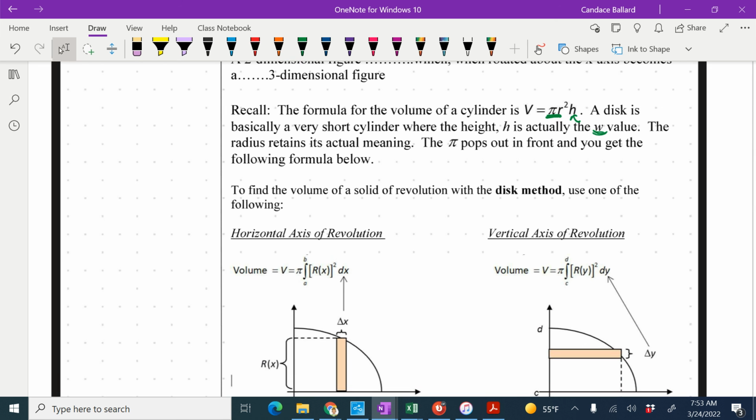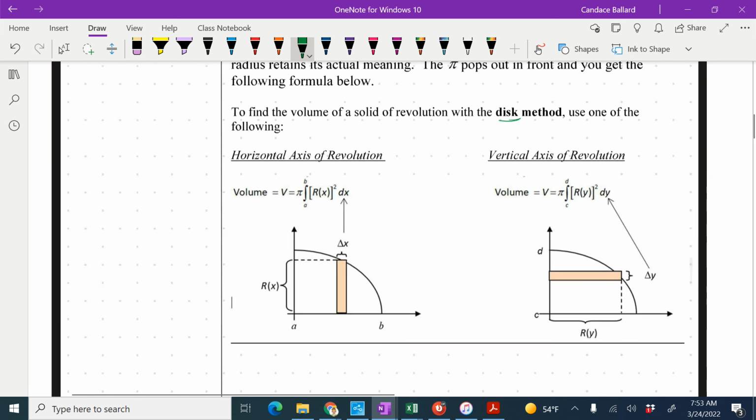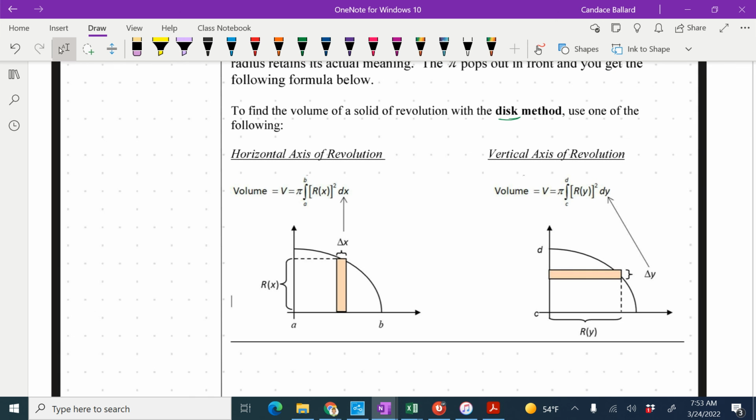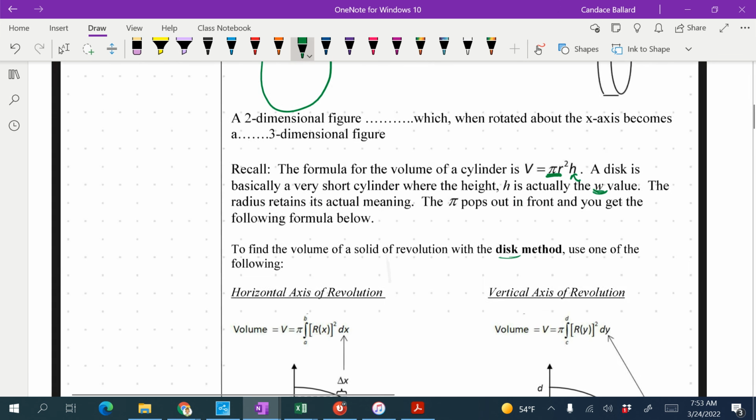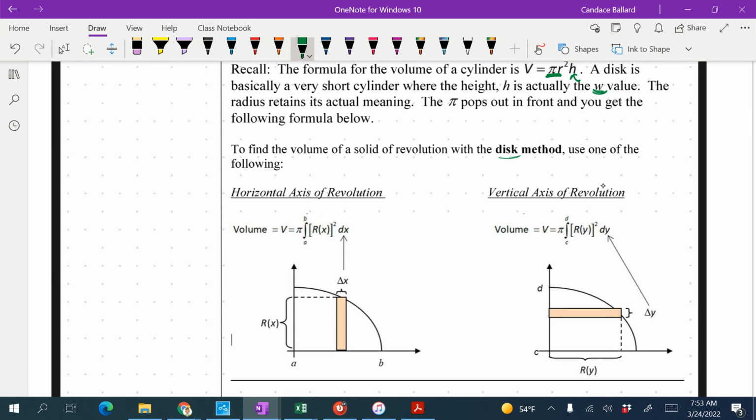So to find the volume of the solid of revolution with the disk method, and we can't apparently figure out how to spell disk, it could be spelled either way, use one of the following. So what they're telling us to do here is that we've got the pi, which was from the pi r squared. Our function is going to be the radius. So that's going to be the function. And then we're going to square it.